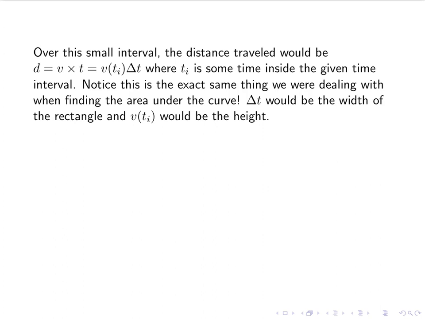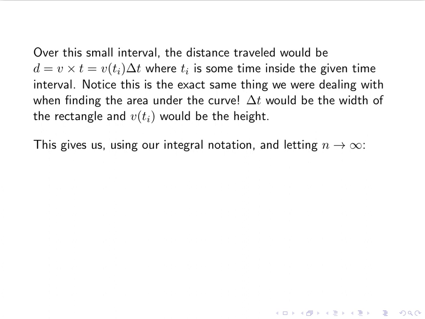We've got a function times a small change in that independent variable. So by multiplying two things, I can always think of that as the area of the rectangle. Delta t would again be the width of that rectangle if I wanted to graph out my velocity function, and then the velocity would be the height.